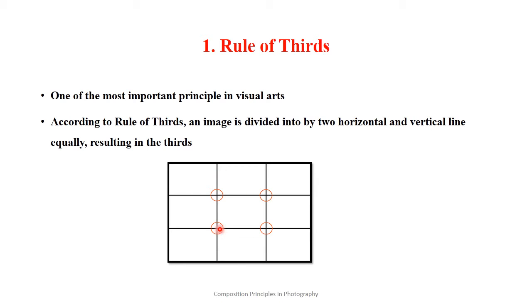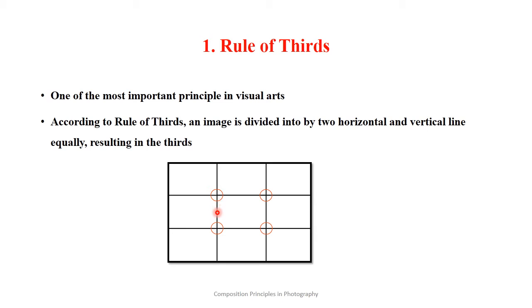And these four intersecting points are called the points of interest, or the focal points, or the most important points. So whenever you want to photograph a picture, you will need to place your subject or any part of the subject on these points or along these lines, right?